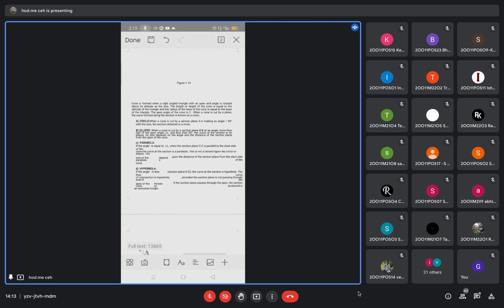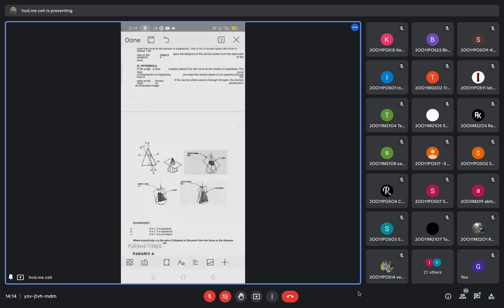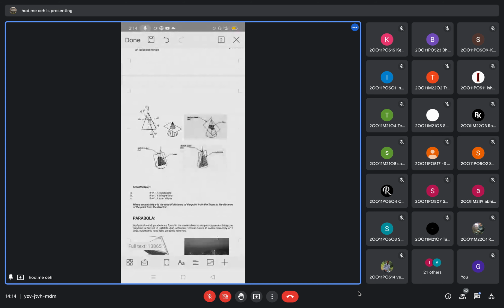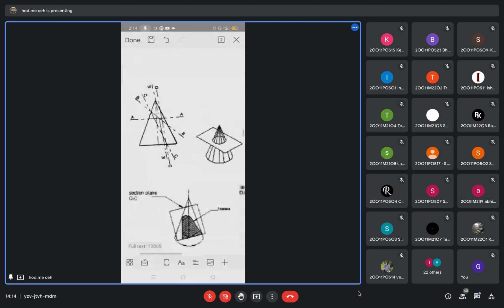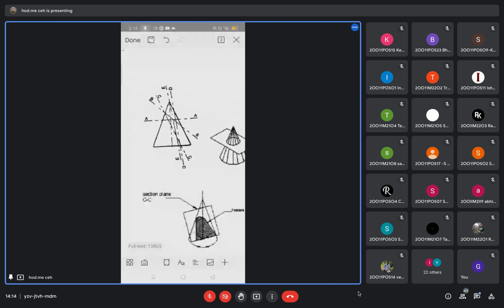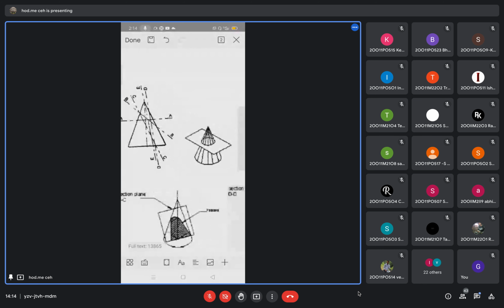Okay, see the second part, when the cone is cut by the plane at an inclined angle. For example, see the diagram. All of you see the diagram. This is a conic section.